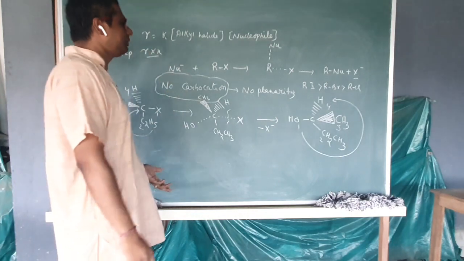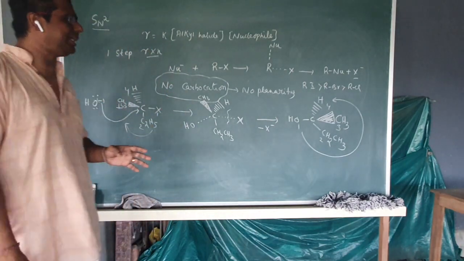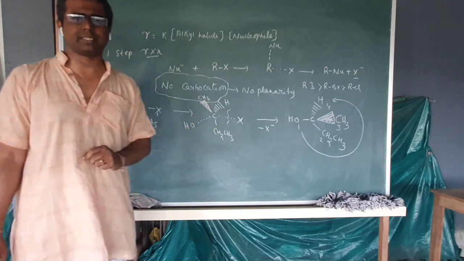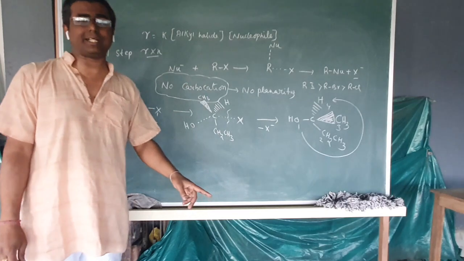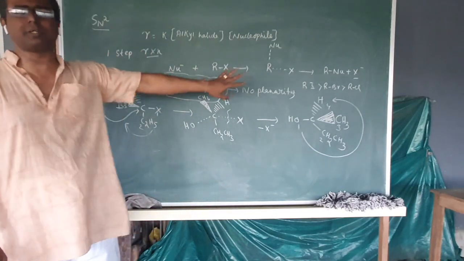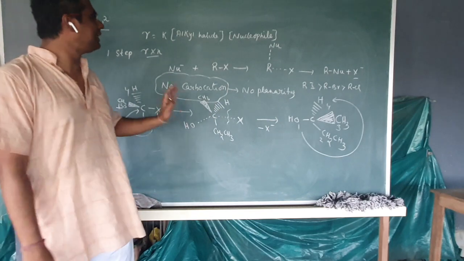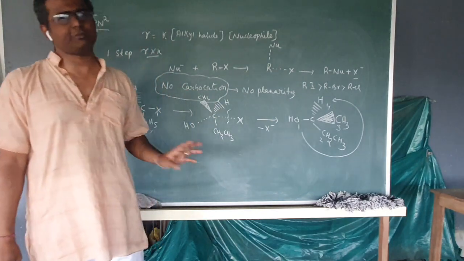We have previously also seen that in case of backside attack, we will get S configuration, right? That there will be inversion. So in this case, only backside attack is taking place. So inversion has to take place. There is no chance of retention, and hence in case of an SN2 reaction, there will be inversion of the molecule.